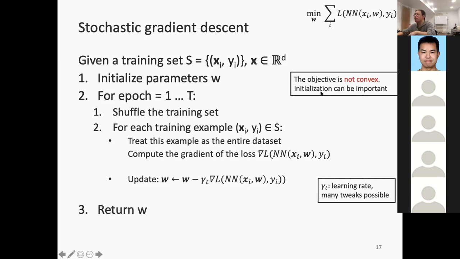That means even if you find some optimum, it is really not the global optimum. It's oftentimes a local optimum. So the initialization can determine which local optimum you finally reach. In other words, initialization matters as well.